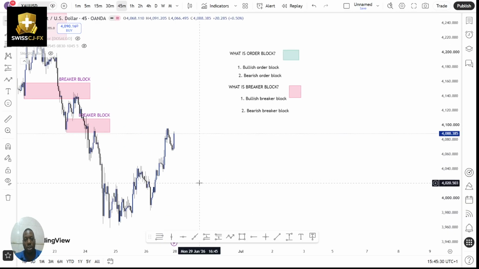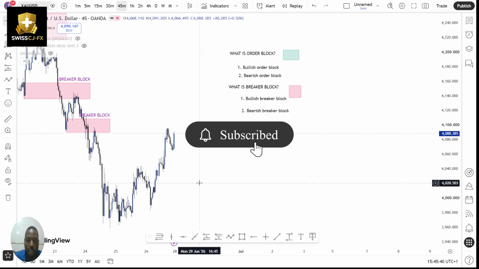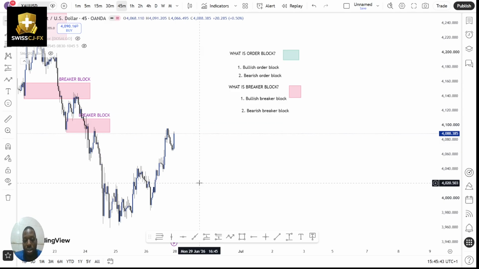So what is an order block? An order block is the last candlestick before an impulsive move towards one direction. In most cases, that candlestick is an opposite color to the impulsive move.